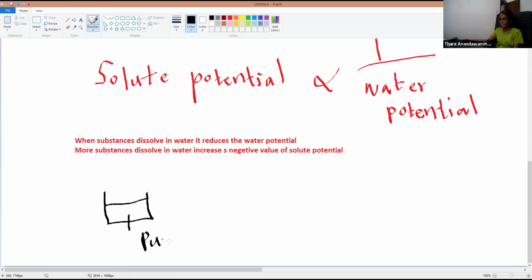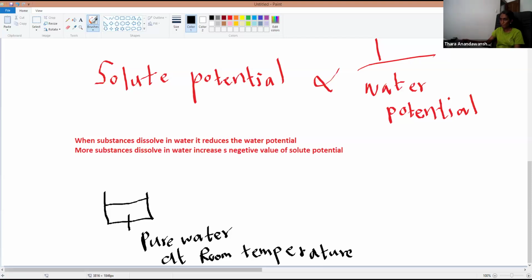Pure water at room temperature and atmospheric pressure.